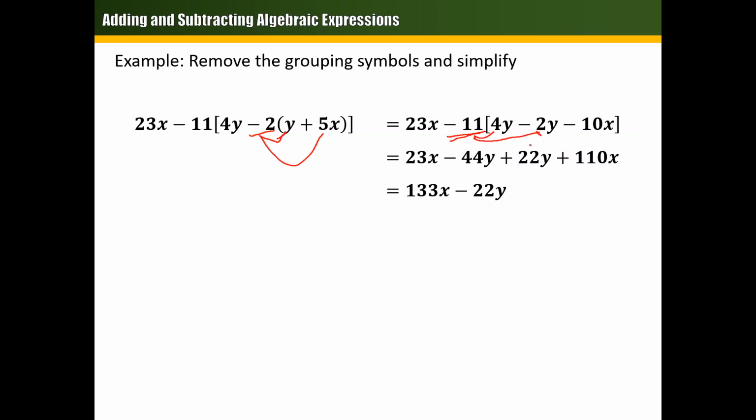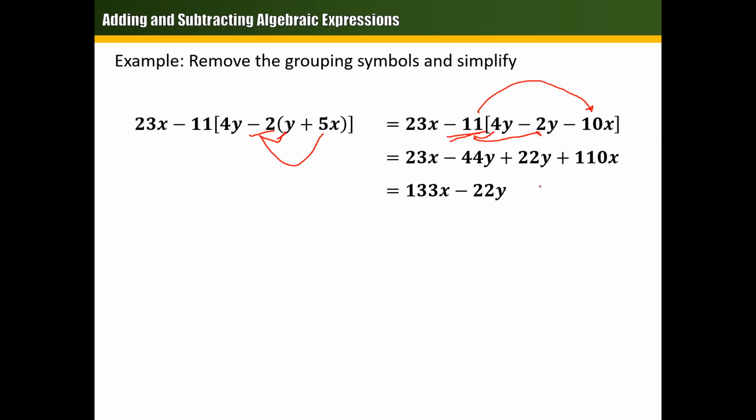At ano yung term na yon? Hindi lang 2y, it is negative 2y. So negative 11 times negative 2y, magiging positive 22y na siya. And negative 11 times, again, negative 10x, okay, negative and then negative, magiging positive 110x na siya.